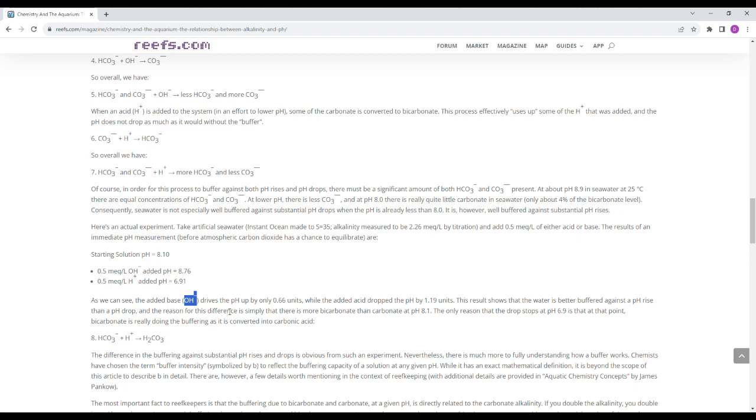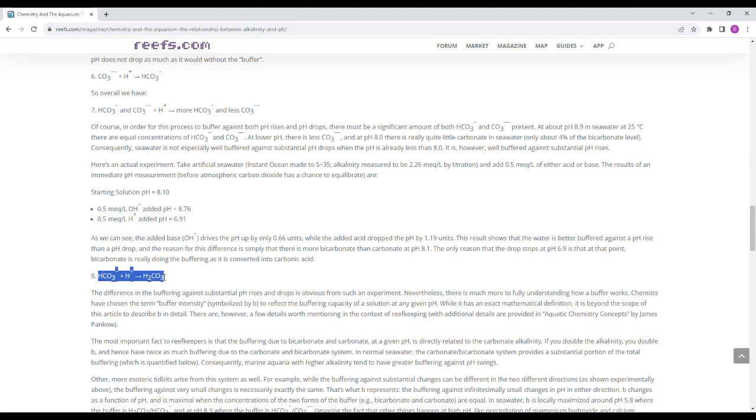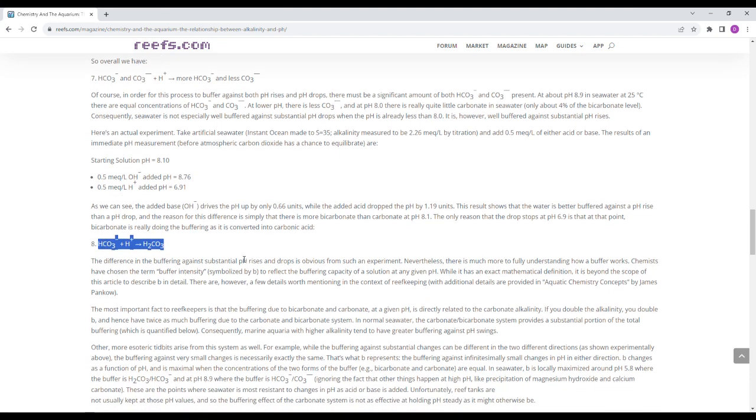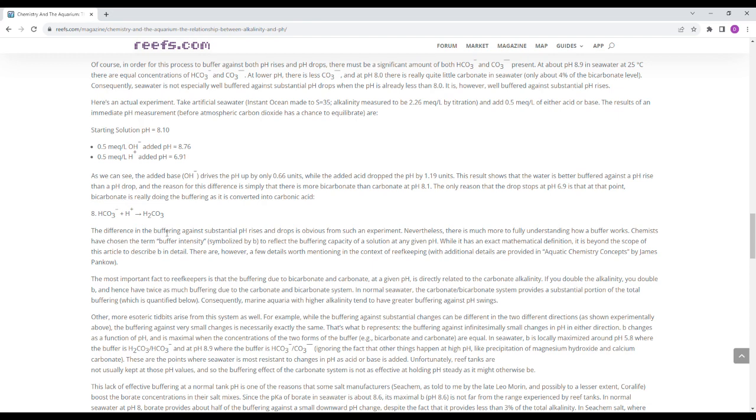And the reason for this difference is simply that there is more bicarbonate than carbonate at pH 8.1. The only reason that the drop stops at pH 6.9 is that at that point, bicarbonate is really doing the buffering as it is converted into carbonic acid. The difference in the buffering against substantial pH rises and drops is obvious from such an experiment.